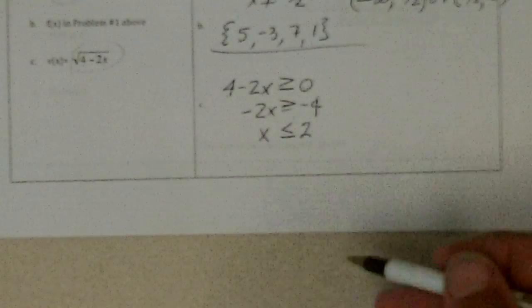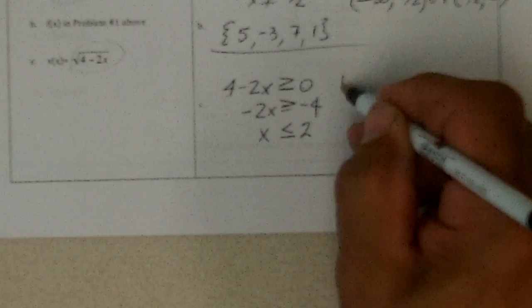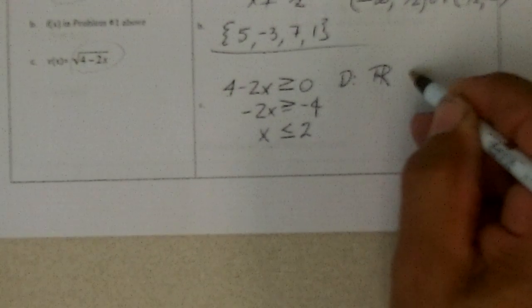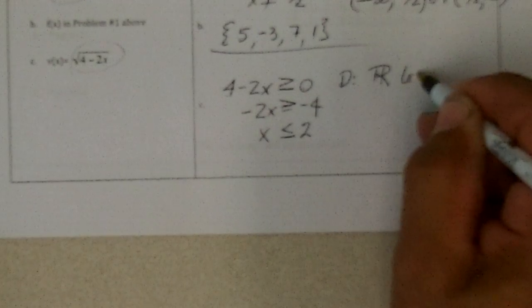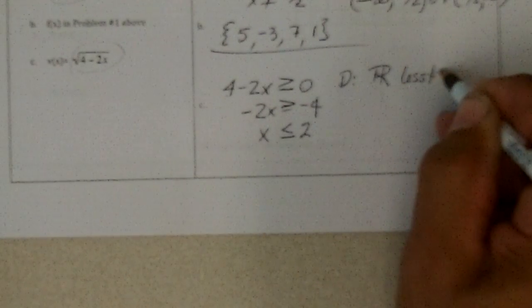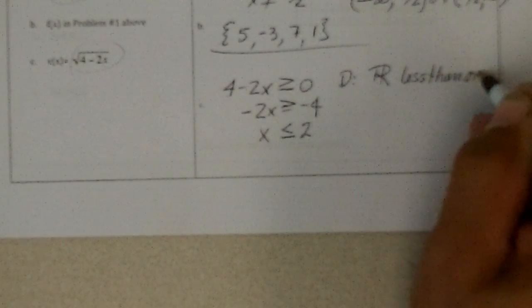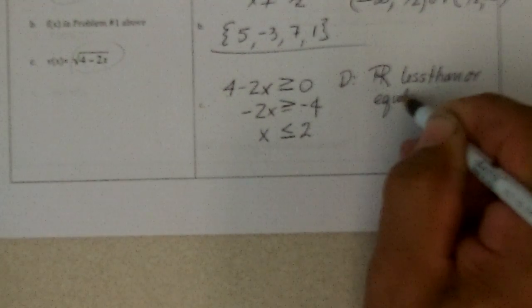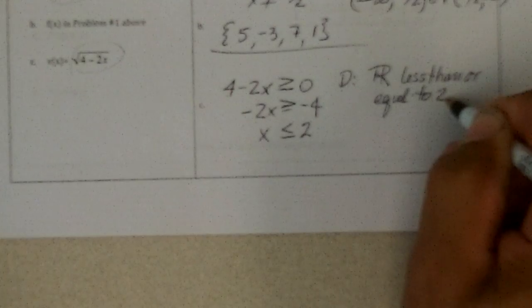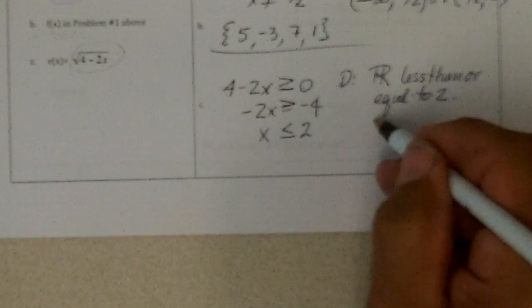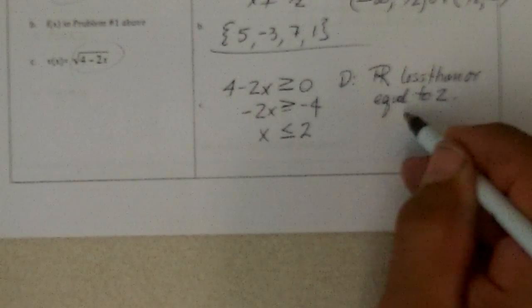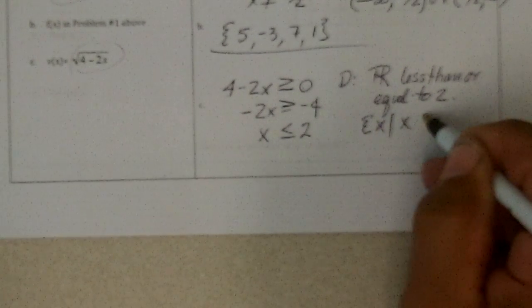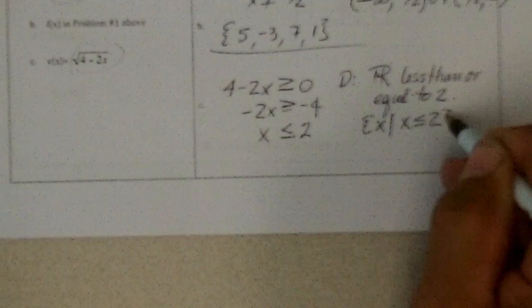And so I can say the domain is all reals less than or equal to 2, or I could say it in set notation, the set whose elements are numbers such that those numbers are less than or equal to 2.